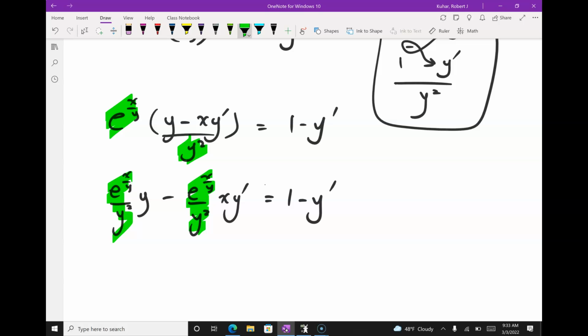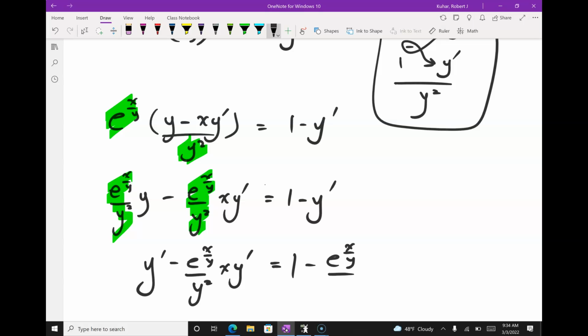I can now get all my y prime terms on one side. Yes, everybody with me? I can get all of my y prime terms on one side. I'm trying to minimize the number of negatives, but this doesn't give me many anyway, so it's fine. So I'm going to go y prime minus e to the x over y squared times xy prime. So I moved all my y prime terms to the left and everything else to the right. And of course, one of my y's canceled there, right?